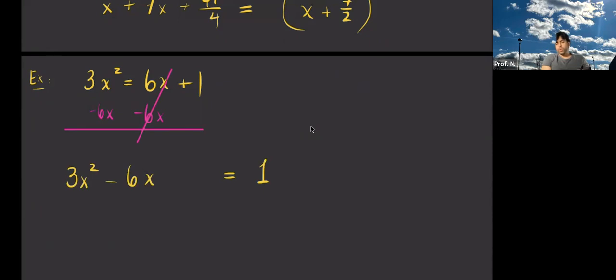Now, what do we normally do after we have this setup? We take the number in front of the x, divide it by 2, and square it. That's completing the square, right?